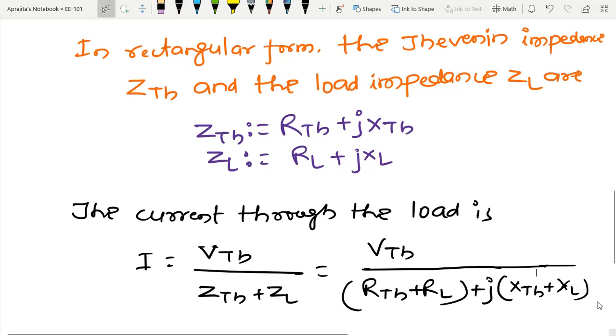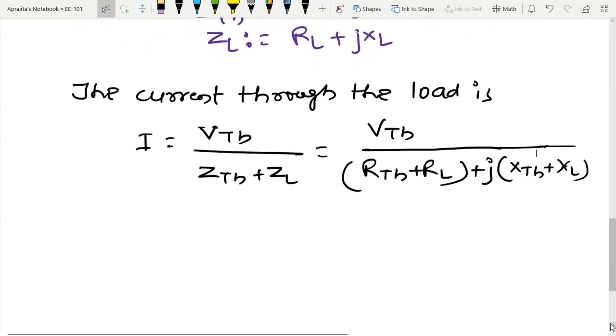So now, in the previous class we defined the average power, so I am going to use the same kind of expression.